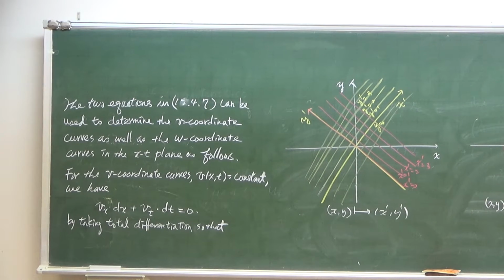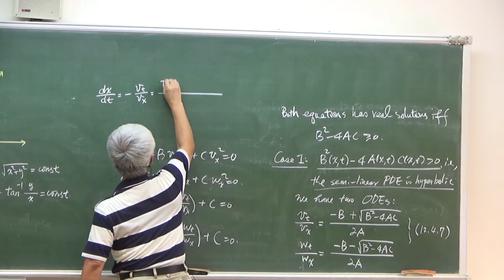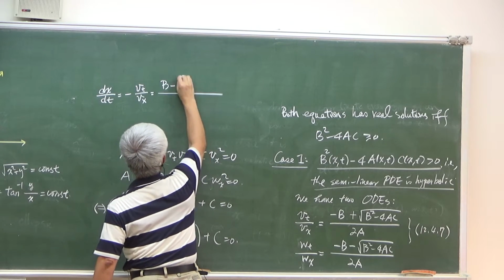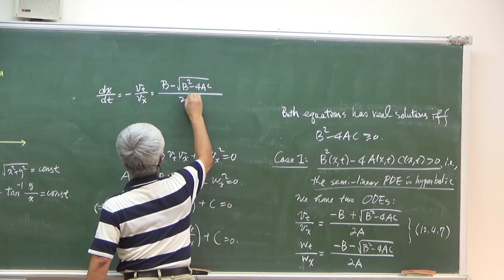But we have solved Vt divided by Vx already, so this is equal to (b minus the square root of b squared minus 4ac) over 2a.